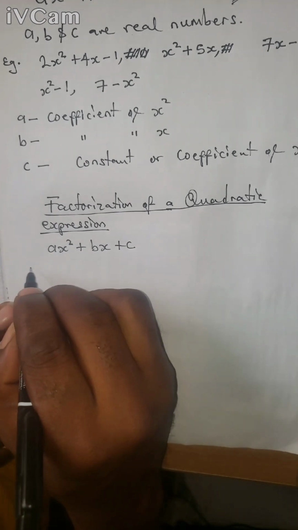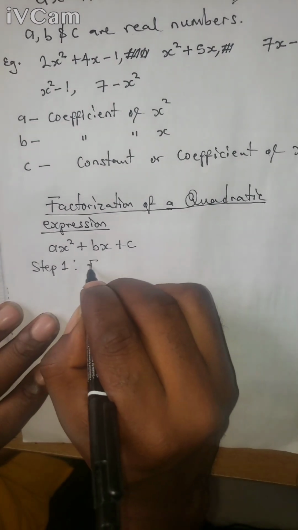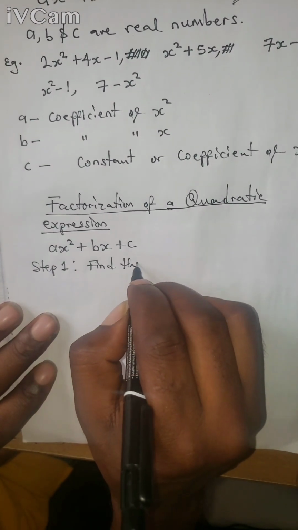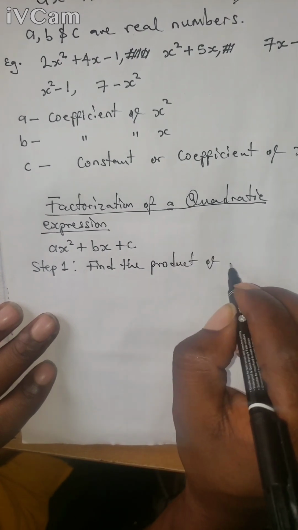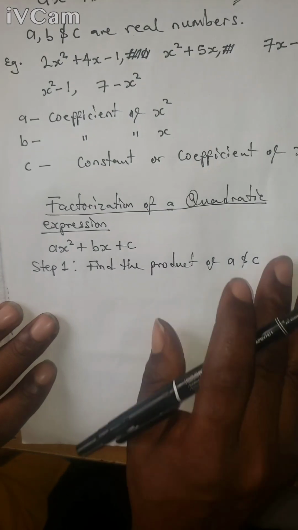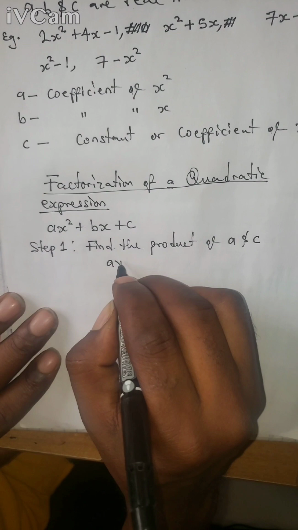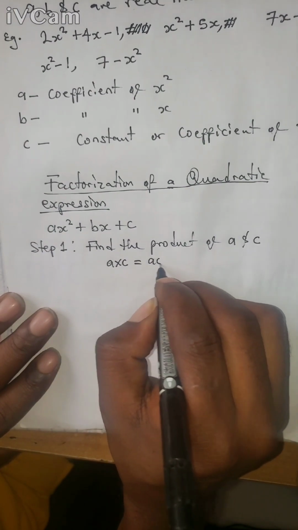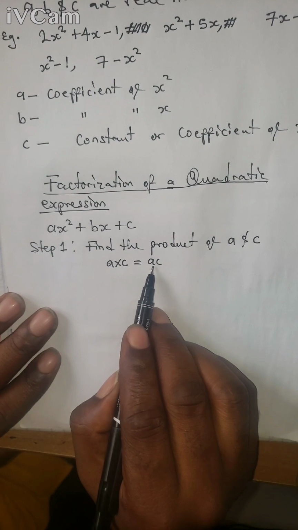Step 1: find the product of a and c. Of course that will give you a times c, which is ac. Remember, this represents a value, so this is a number.